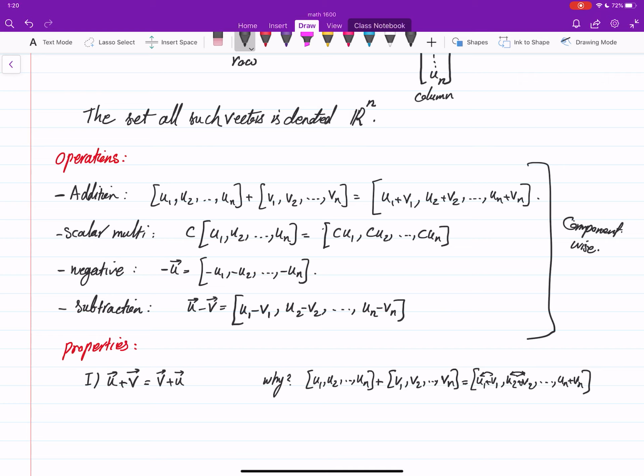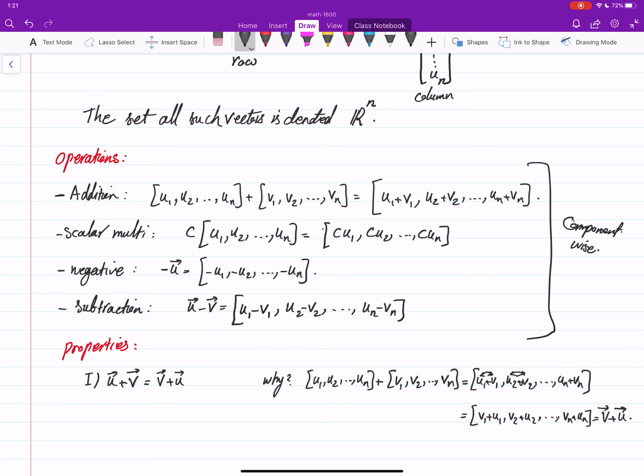With numbers, a number added to another one is the same thing as the second number added to the first one. 1 plus 2 is the same thing as 2 plus 1. And here we can switch the orders, so we can get v1 plus u1, v2 plus u2, and up to vn plus un. And this is the same thing as v added to u.